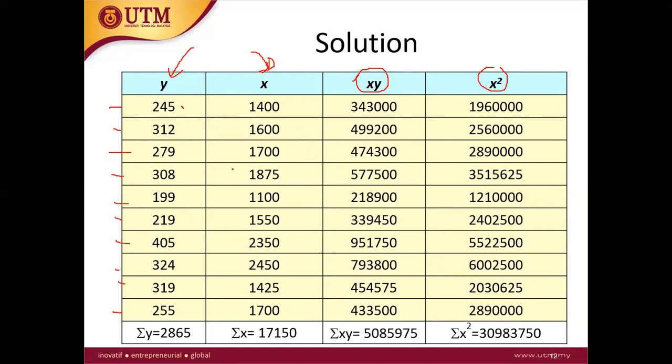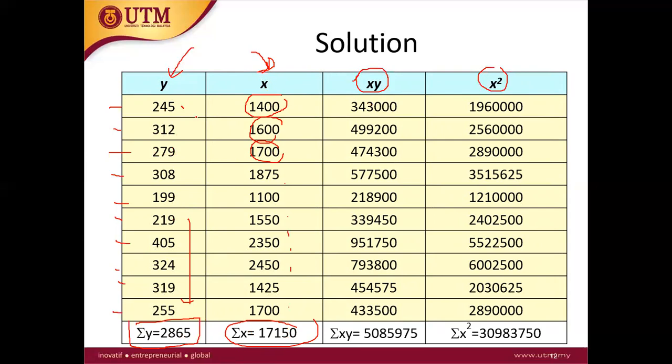The first step is we need to calculate the sum of Y, the total of Y: 245 plus 312 plus 279, until 255, you get 2865. And the sum of X is 1400 plus 1600 plus 1700, and so on, and you get a total of 17150.